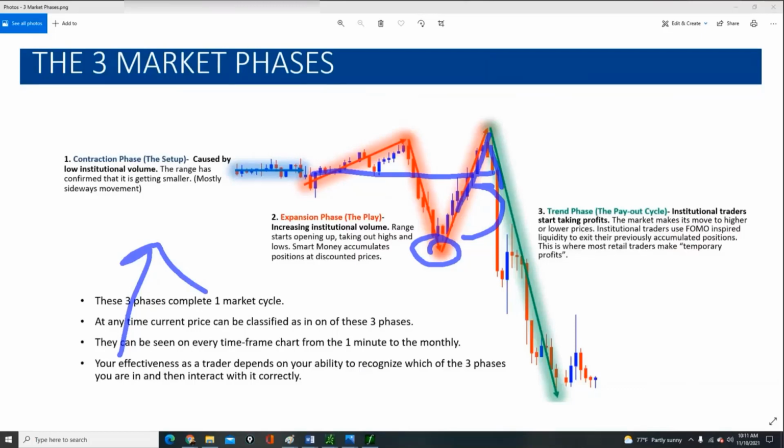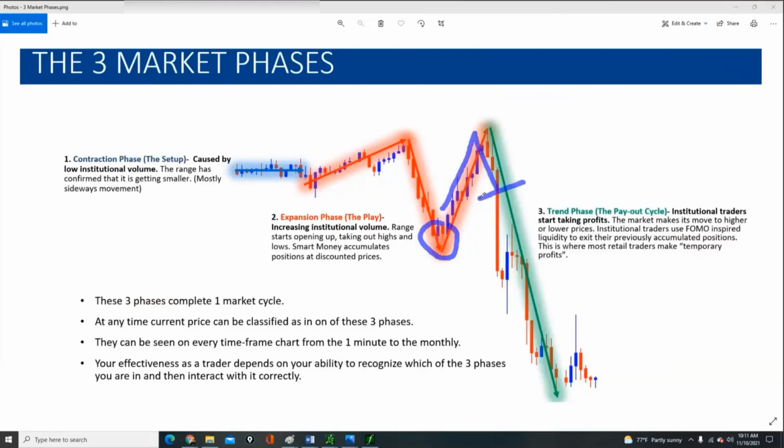So here's the thing. Me understanding what's going on and understanding the phases. If I get in here because I'm accumulating, because my bias is up, for example, and it breaks the line and it rolls back over, I'm out. Small win. Reset. Or if my bias is down, this is what really is important.